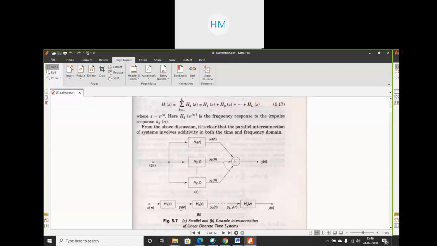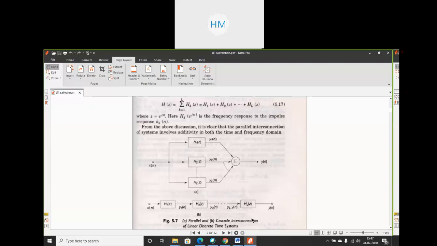This y1 of n is the output of the h1 of z system, which will act as the input to the next system. So what is the input of h2 of z? It is y1 of n. Now y2 of n is generated, which will feed as input to the next system, and the output y of n will be generated by a series connection of all the systems.